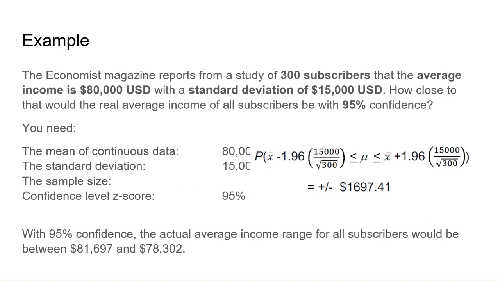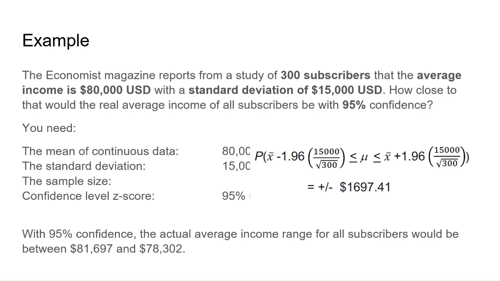Okay, let's look at an example. Let's pretend The Economist magazine reports from a study of 300 subscribers that the average income is $80,000 with a standard deviation of $15,000. How close to that would the real average income of all subscribers be with 95% confidence?